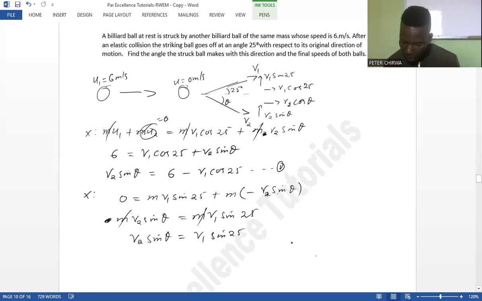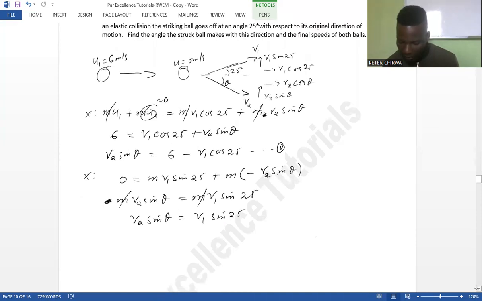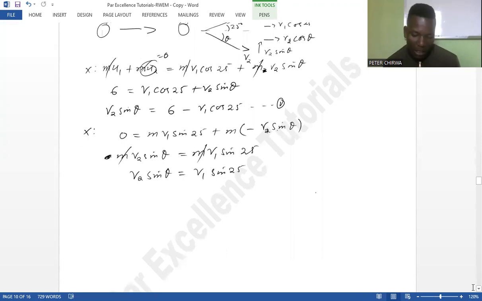Now it is mentioned in the question that the kind of collision that has taken place here is an elastic collision. So we know that under elastic collision, both momentum and kinetic energy are conserved. So conservation of kinetic energy here is going to be half m u1 squared plus half m u2 squared being equal to half m v1 squared plus half m v2 squared.